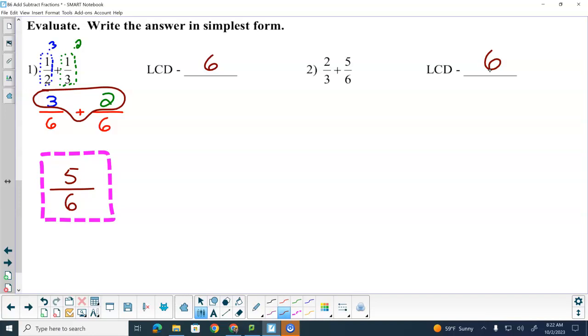We already have one of them as a 6, so this one doesn't have to change at all. It's already in your common denominator form. So you might only have to adjust one fraction. Back over here, we said that we had to multiply 3 by 2, so then this one would be 4.